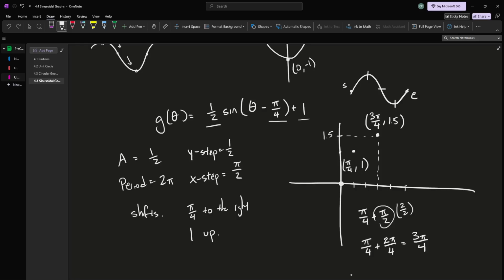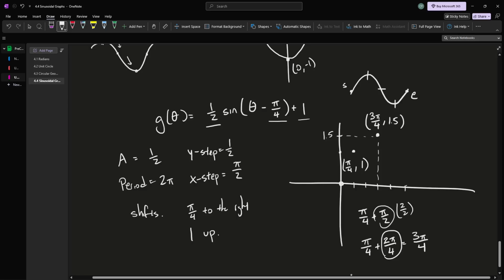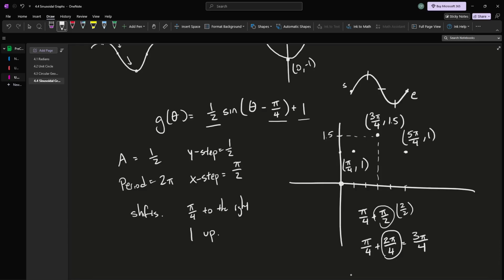And adding another pi over 2, we can just keep on adding 2 pi over 4. So now I'm over here, 5 pi over 4, 1. We want to go down this time. So 1 minus 1/2 gives me 1/2. 5 pi over 4 plus 2 pi over 4 gives me 7 pi over 4, 1/2.